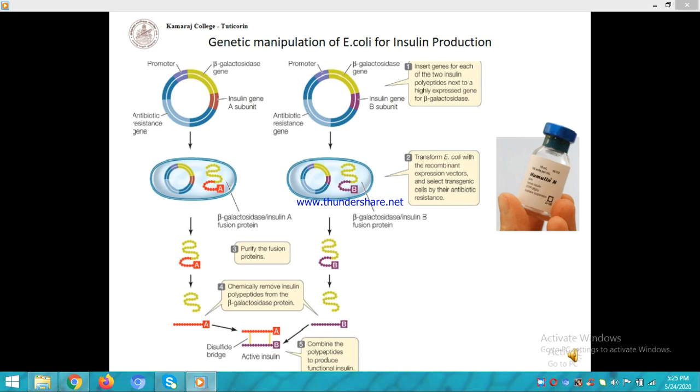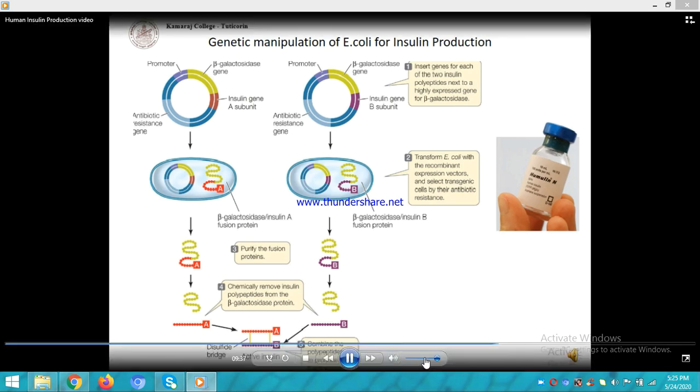So definitely, when compared to the conventional methods, this genetic manipulation method is a very essential and very useful application to produce insulin in a larger quantity.